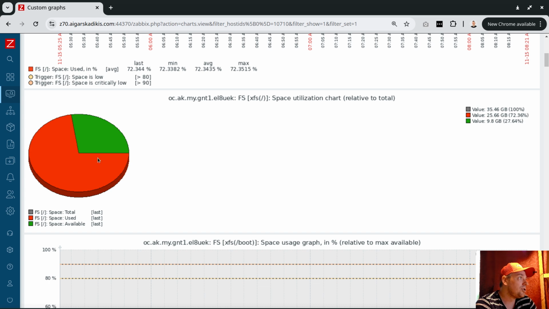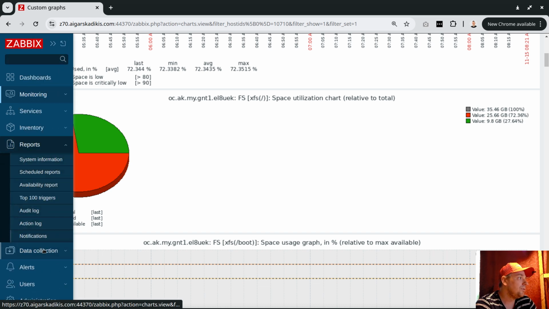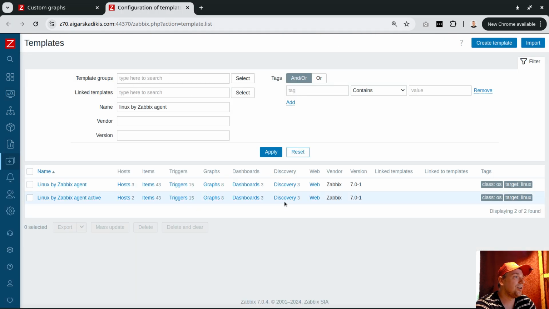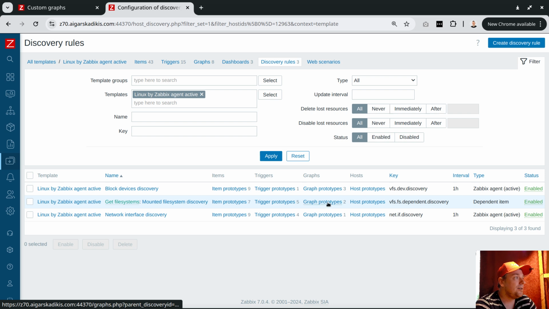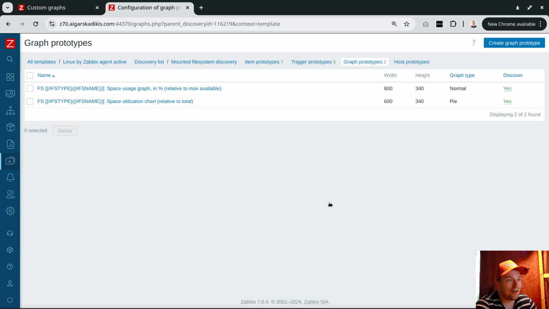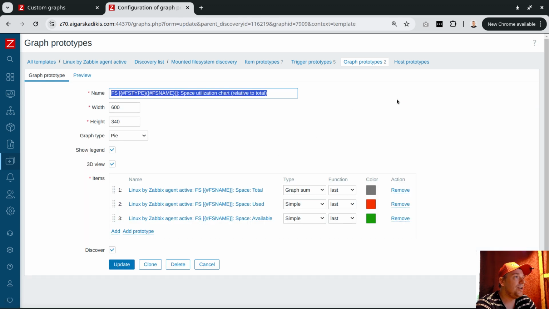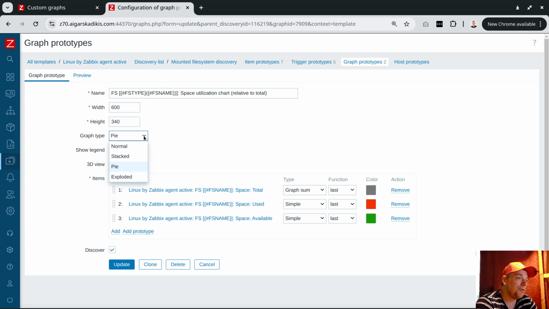The solution is visiting the object. We can open templates, go inside the template, find the culprit, and open its definition. I'm opening the prototype, and I see here is the definition of pie. 129 times I was doing this manually, and now I cannot do that anymore.